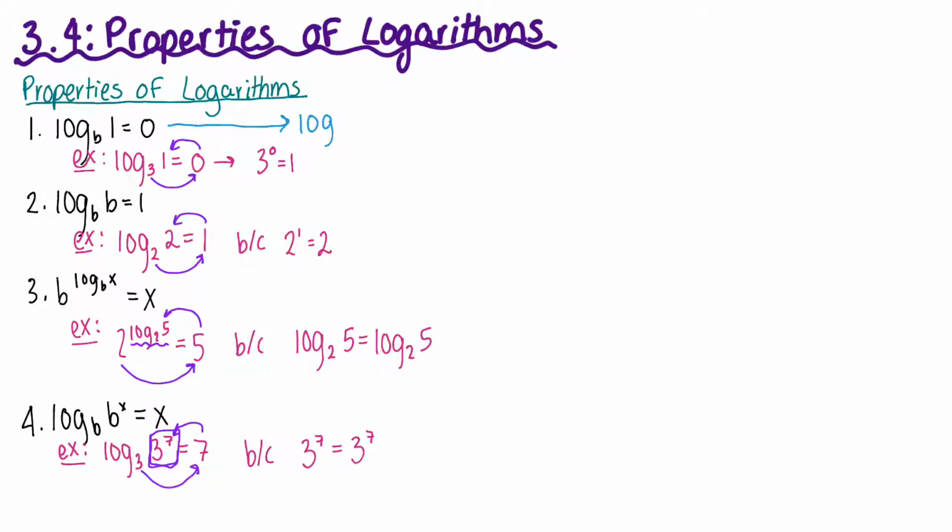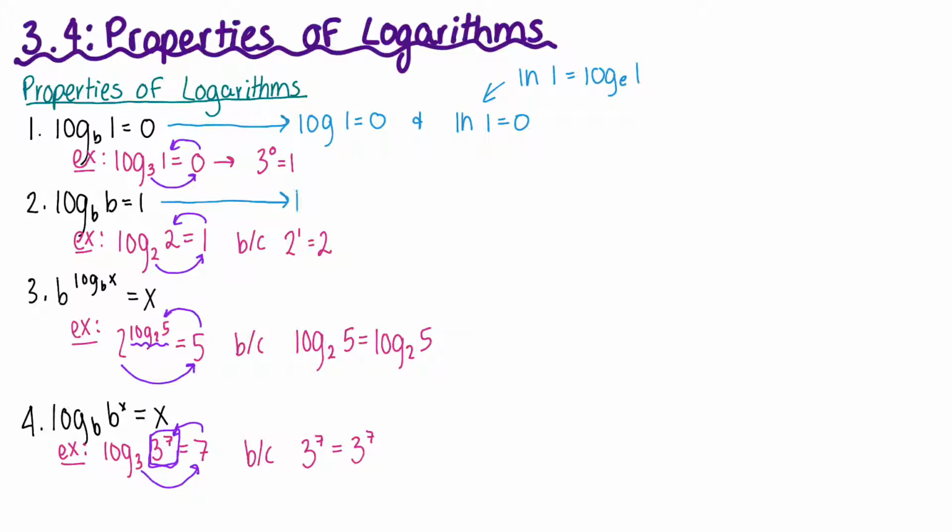If you don't have a base written, it's base 10, so log of just regular 1 is equal to 0, and ln of 1 is equal to 0. Remember, ln of 1 is the same as log base e of 1.